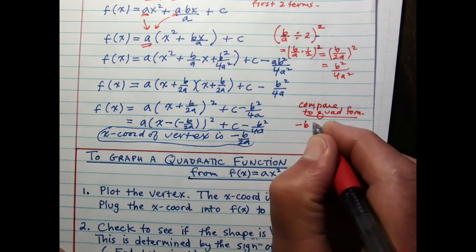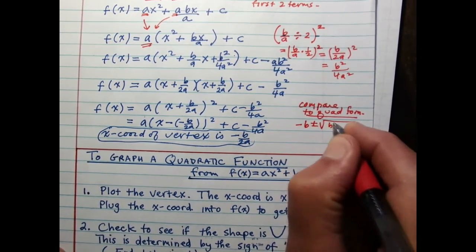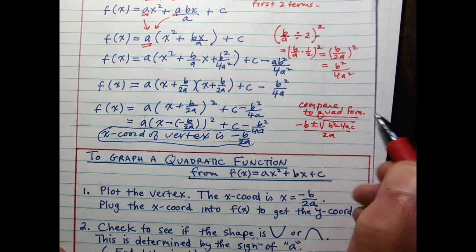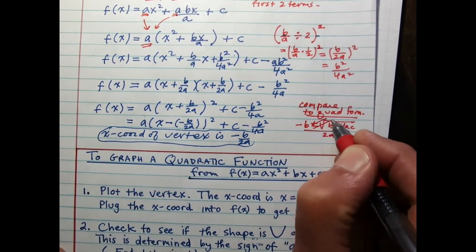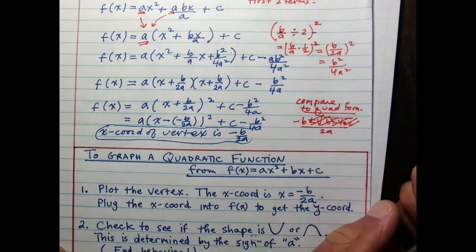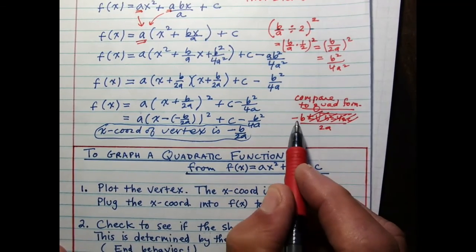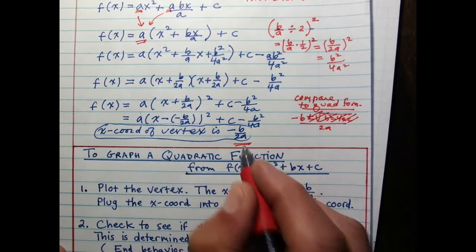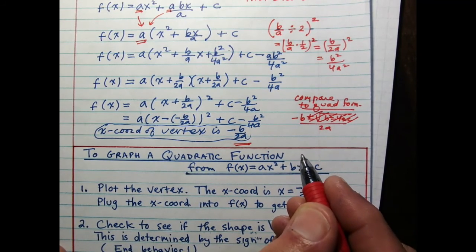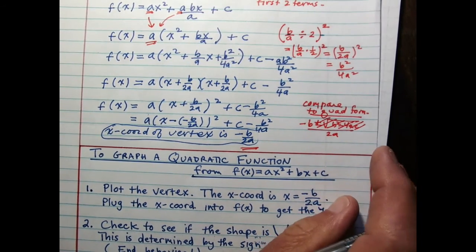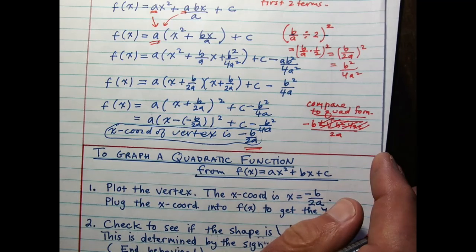The quadratic formula is negative b plus or minus square root of b squared minus 4ac, all over 2a. If you cross out the plus or minus and the square root sign, you end up with negative b over 2a. That's actually the same as this formula for the x-coordinate of the vertex that we just got. So there is a connection there. There really is a reason why those come out to be the same.